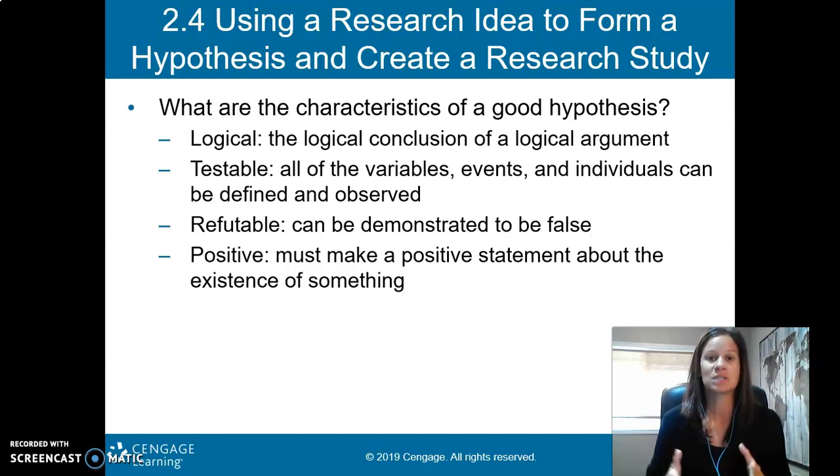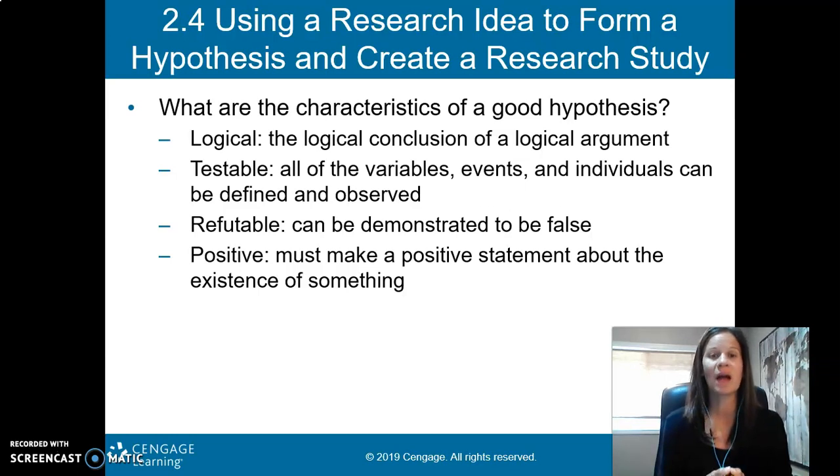So it has to be testable, meaning that we can measure the variables, or we can manipulate the events, or we can ask individuals about the variables we're interested in. Okay? It needs to be refutable, meaning that we can demonstrate that it's false. Refutable means it must be possible to obtain research results that are contrary to the hypothesis. So one that can be demonstrated to be false.